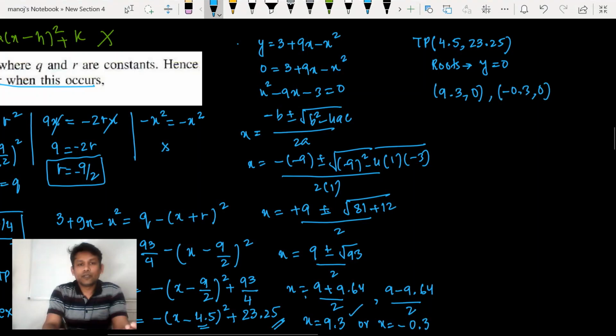So it means we have the turning point between these two roots, and now we have to find what?